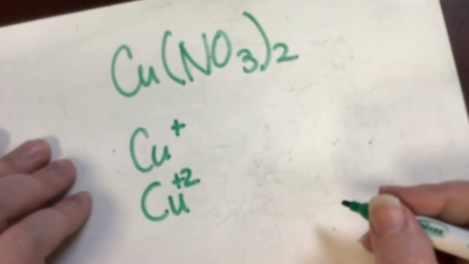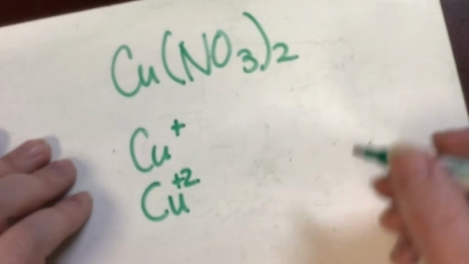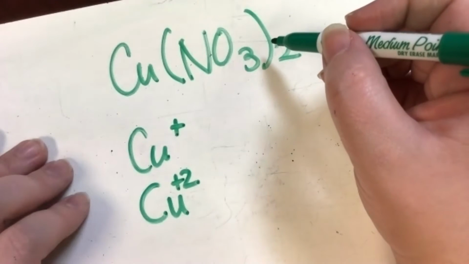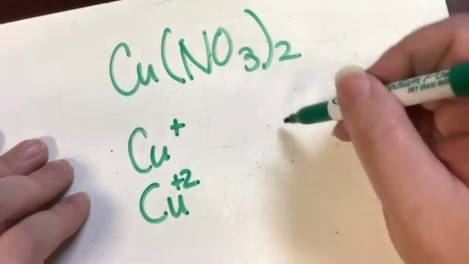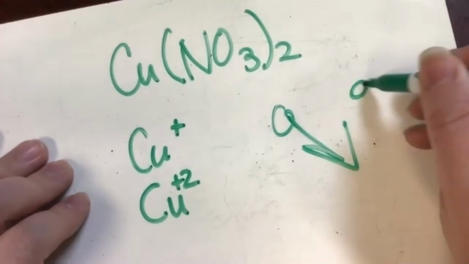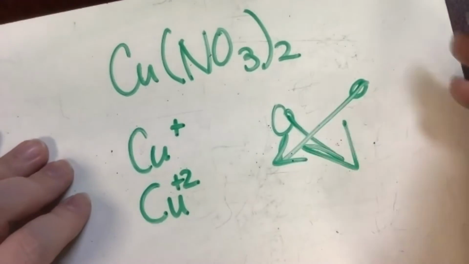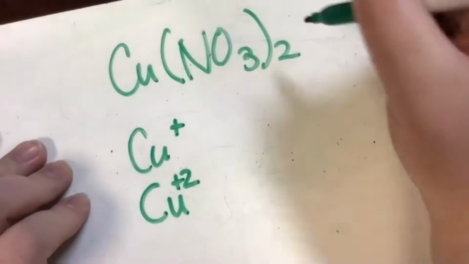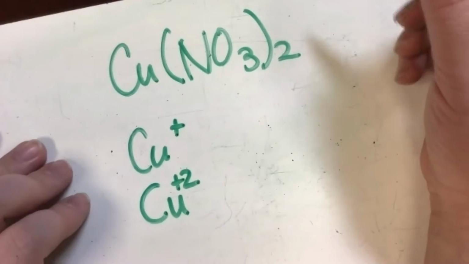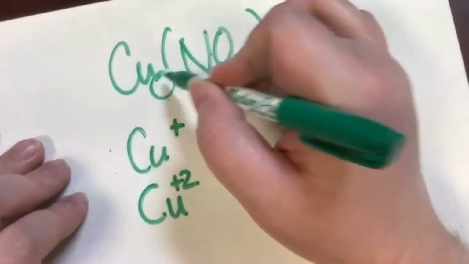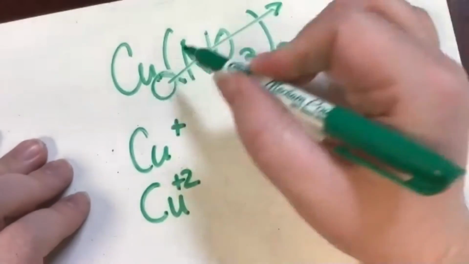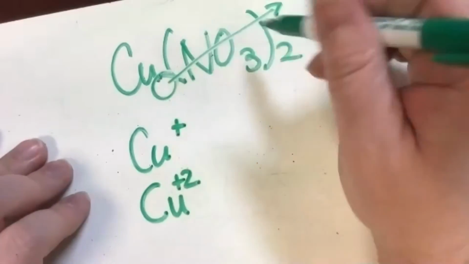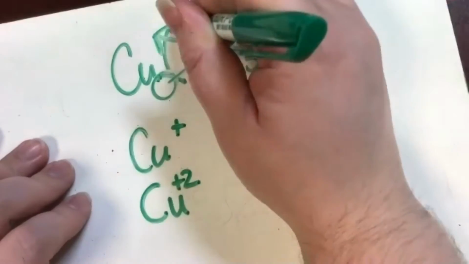Now, here's how I know which one it is. Remember, this is ionic, and when I put this together, I had to cross and go down. Well, technically, I can take this apart and figure out which one it was. So this goes back up here. That would just be a 1 because nothing's written there. And this 2 goes back up here.